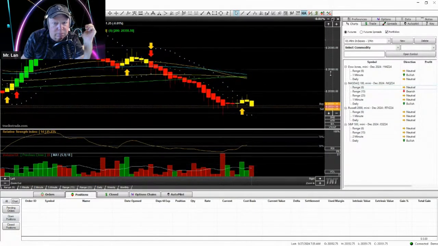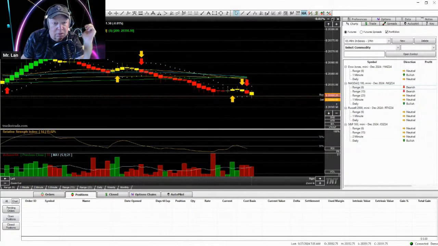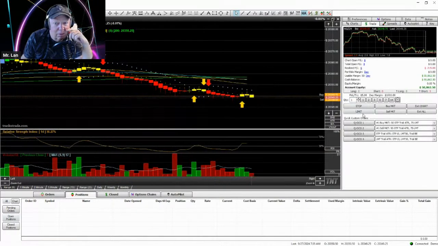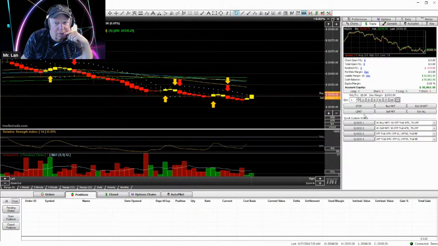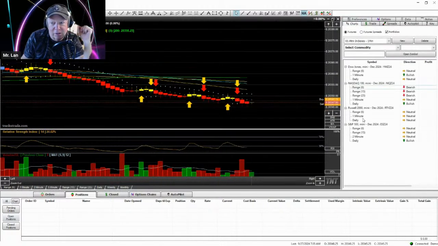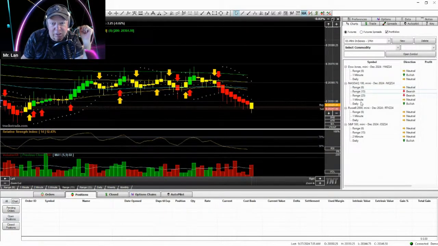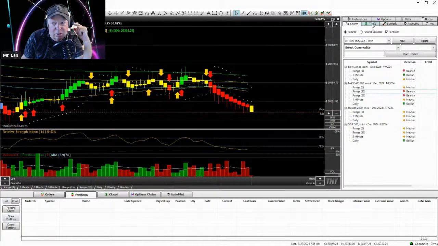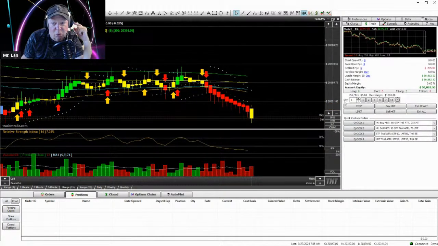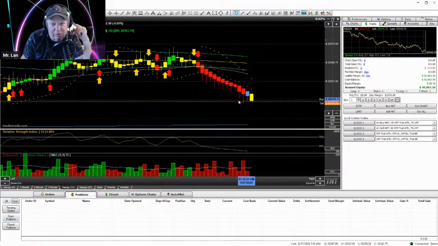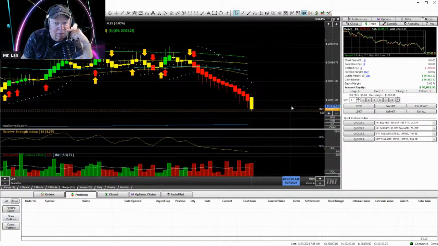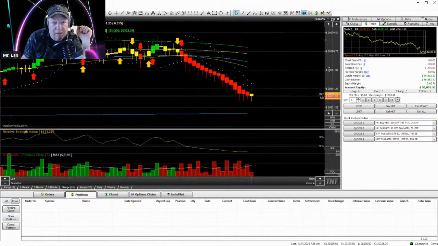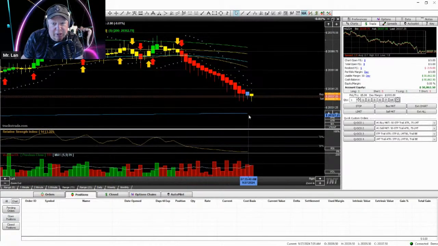What about this one? NASDAQ. Ooh, that's too much. Go to 15. That's a little better. What's it going to do? Ooh, that would have been a nice trade right there if we'd taken that little pullback. Just a little bit too slow to grab the button. Coming down to the VWAP.